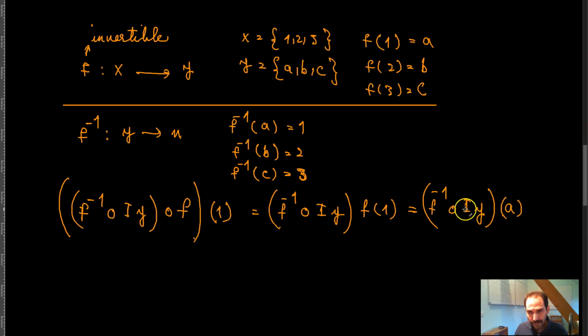Now I of y is basically the identity function on set y.